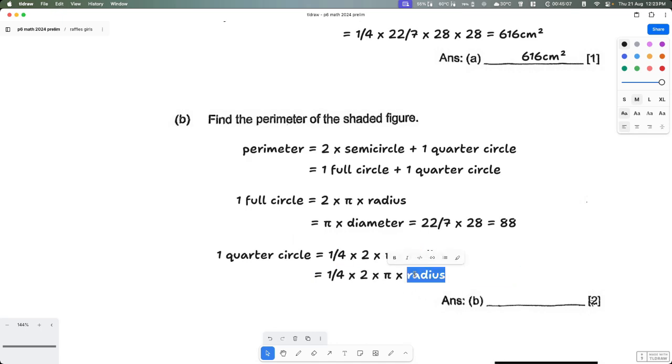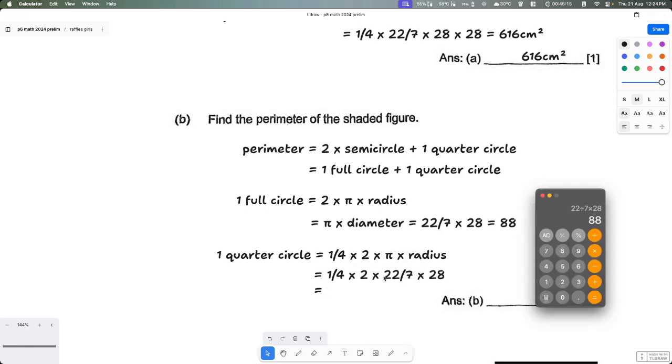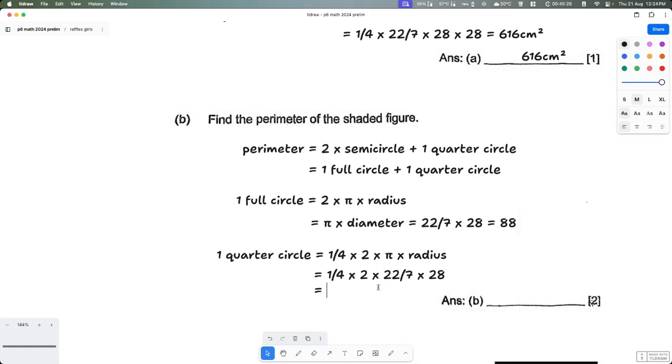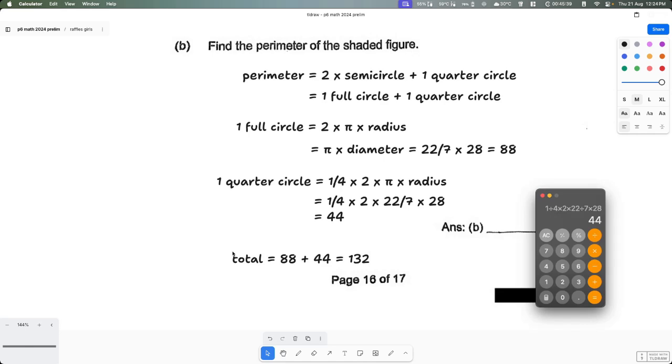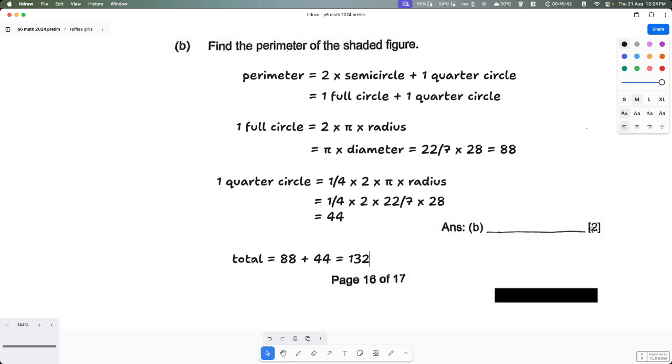So the radius is 28 and pi is 22 over 7. Okay, so then let's calculate. 1 quarter times 2 times 22 over 7 times 28 is equal to 44. Right, so the total will become 88 plus 44, which is equal to 132. Okay, double check. 88 plus 44 is 132 centimeters. There you go. So that's part B.